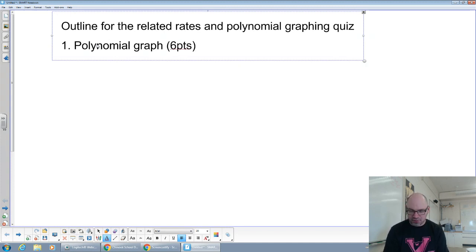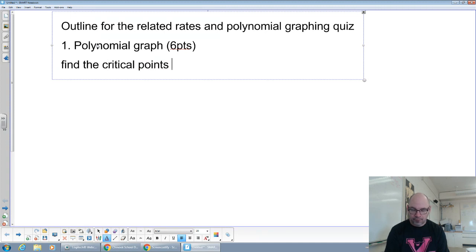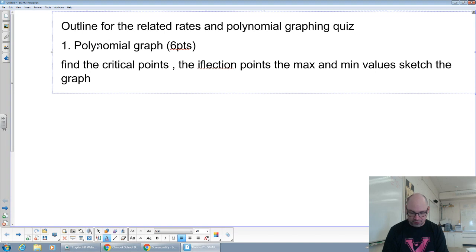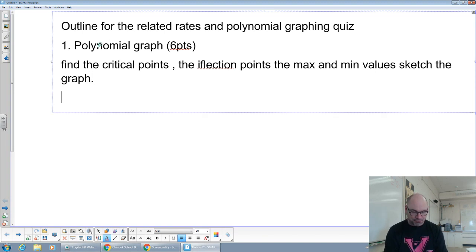Okay, and I'm going to require you to find the critical points, the inflection point, the max and min values, okay, sketch the graph. Okay, just like the hand-in we did in that unit. Okay, so an example.